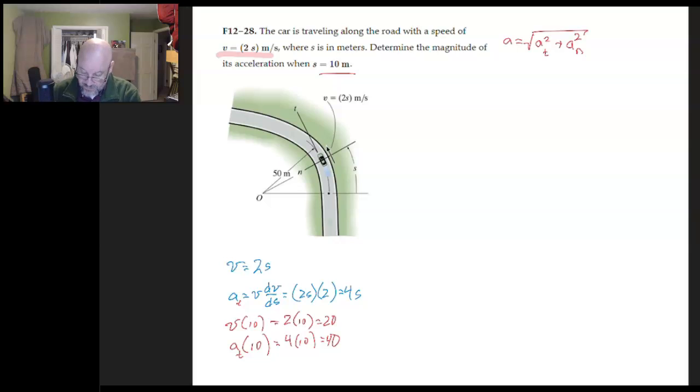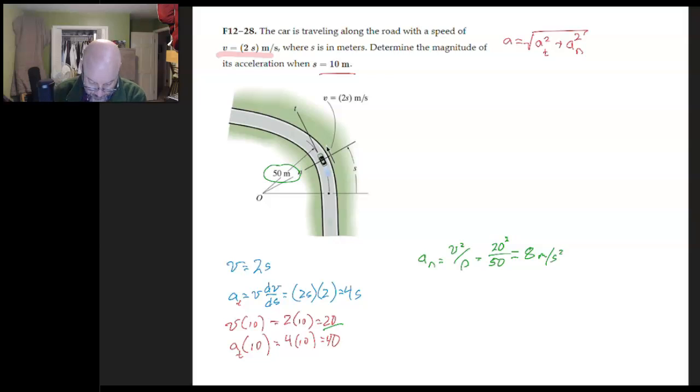Now let's find the normal acceleration, a sub n. Remember, it's going to be v squared over rho. Our velocity at the point of interest is 20, so we've got 20 squared, and rho up here is 50. Do the math on that, and what you get is 8 meters per second squared.